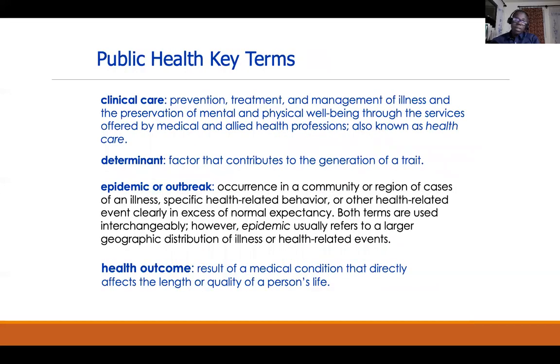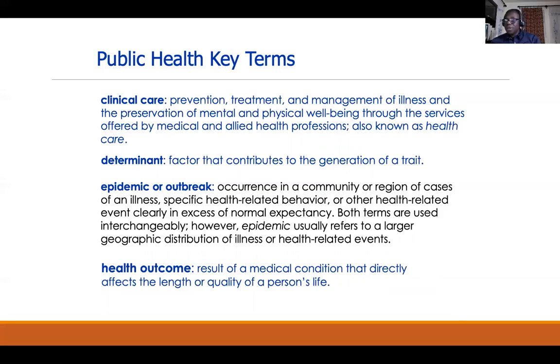So there are some key terms that we need to get acquainted with. We know what public health is now, right? So let's review some common key terms. Clinical care, determinant, epidemic or outbreak, health outcome.